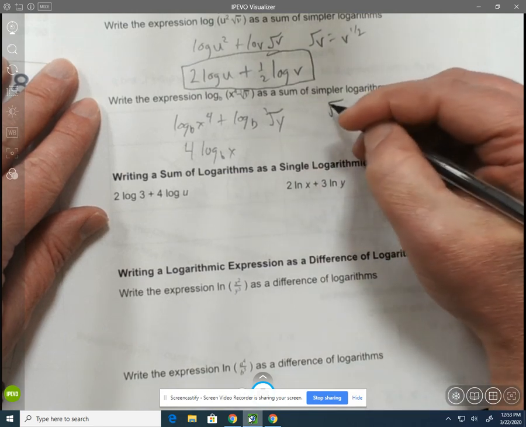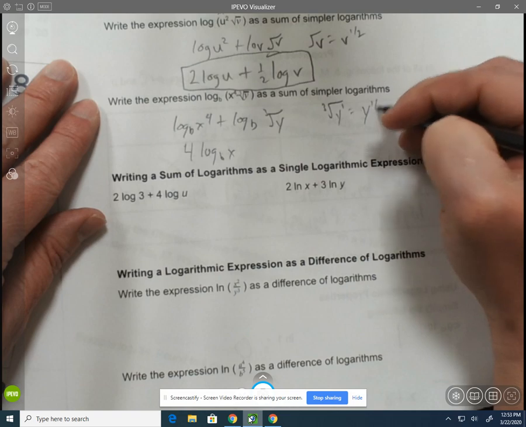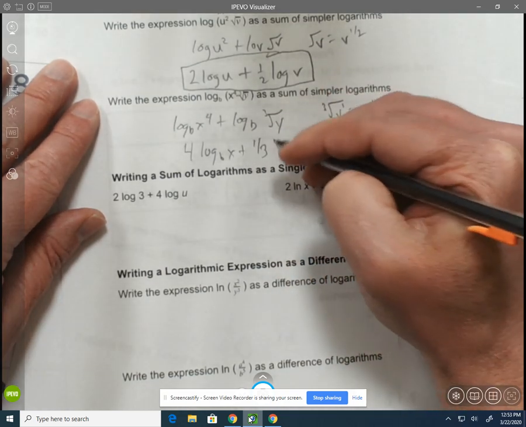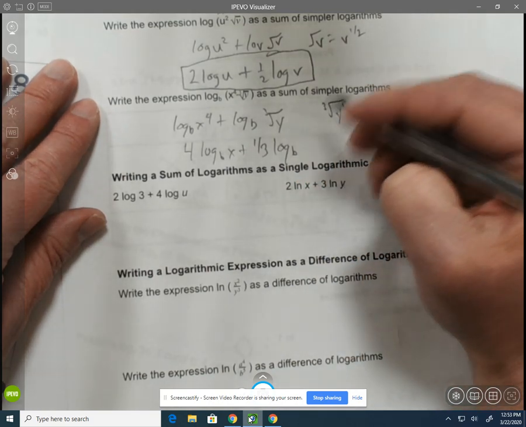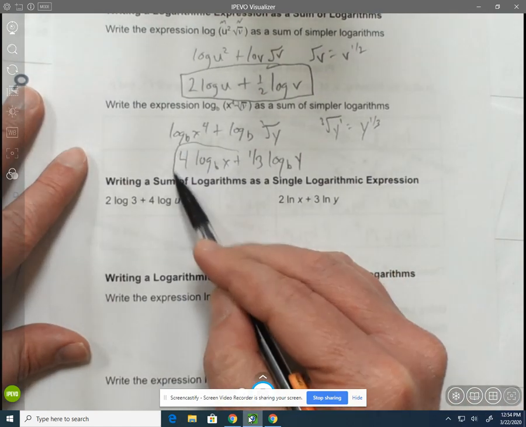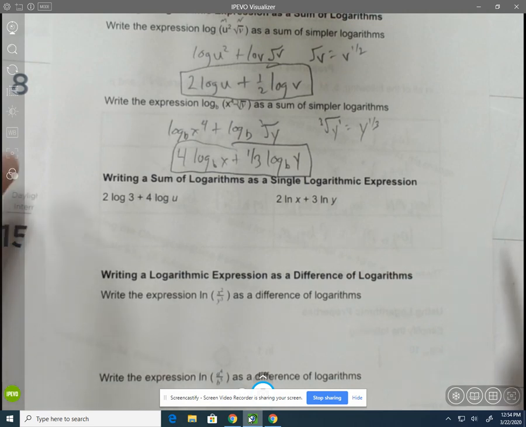And the cube root of y, I can write as y to the 1/3 power. So I can bring that 1/3 down in front and write it as 1/3 times the log base b of y. I can take it down to just simple logarithms without all those exponents and radicals.